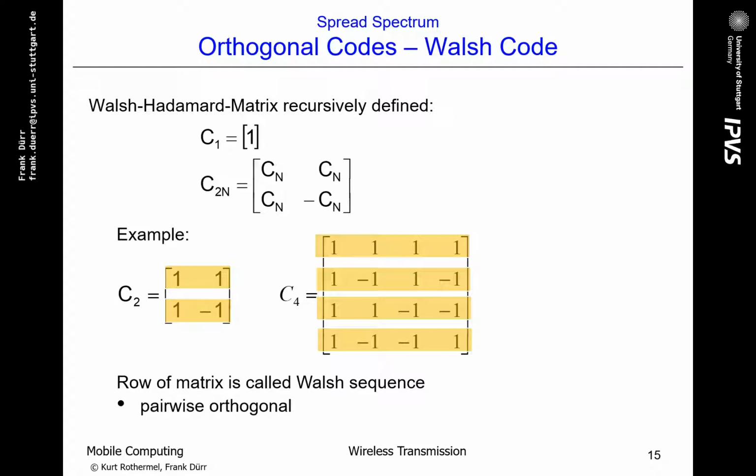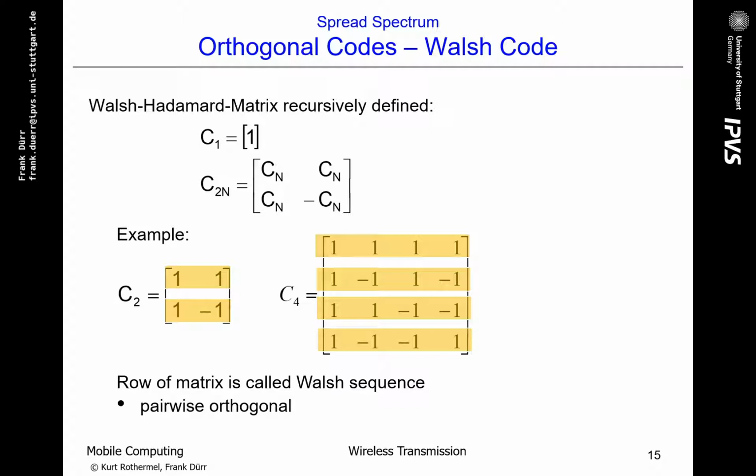Now you might say, okay, 2 concurrent senders is not enough. Let's create maybe more chipping sequences for, let's say, 4 senders. It turns out that this recursive construction will always double the number of concurrent senders in each step. So in each step we will create double the number of chipping sequences.